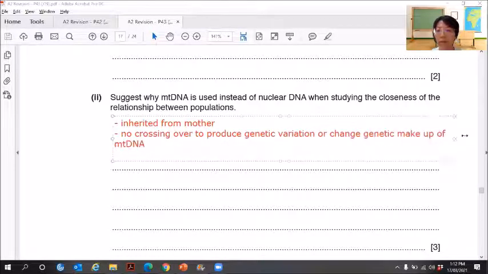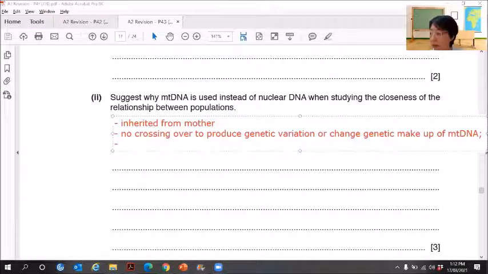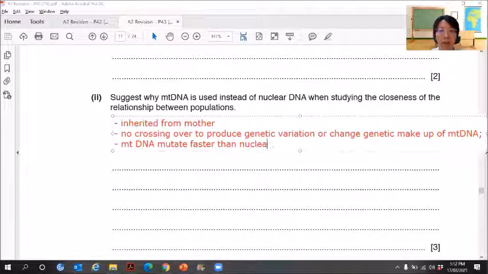Okay. Then the mitochondrial DNA mutates faster than nuclear DNA. So you can see the changes in a short period of time when you want to compare between the two organisms.